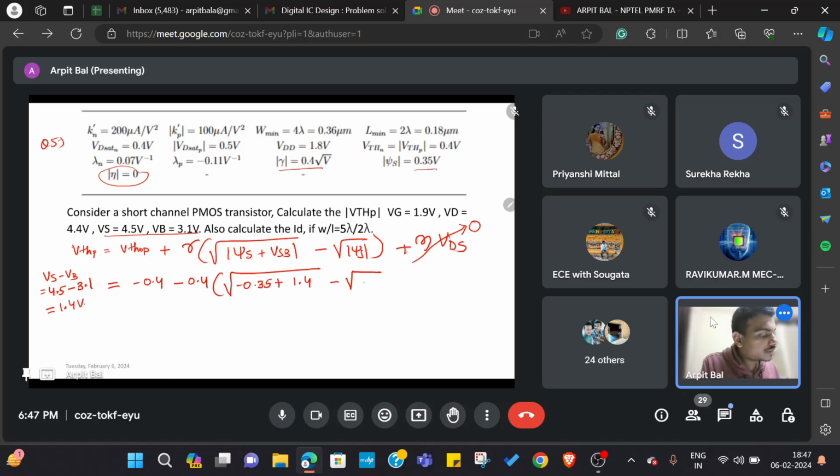So 1.4 minus square root of 0.35, that is minus 0.4 minus 0.4 into 0.433, that is minus 0.5732 volt.